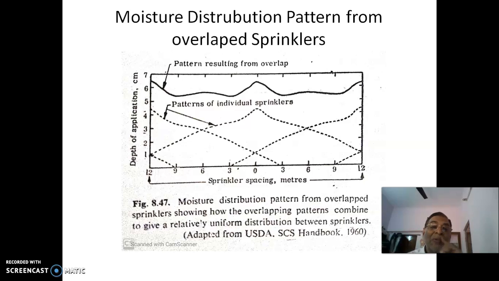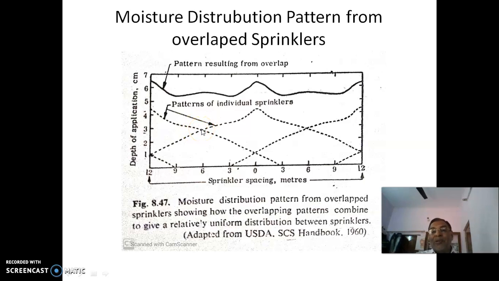Total how much? 2 plus 4.5, around 6.5. Like that, at this place, due to this sprinkler 3, and due to this sprinkler 3, it is 6 centimeters.